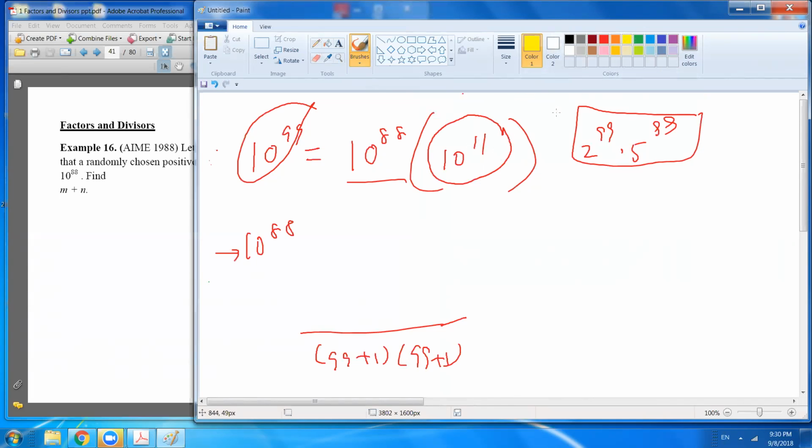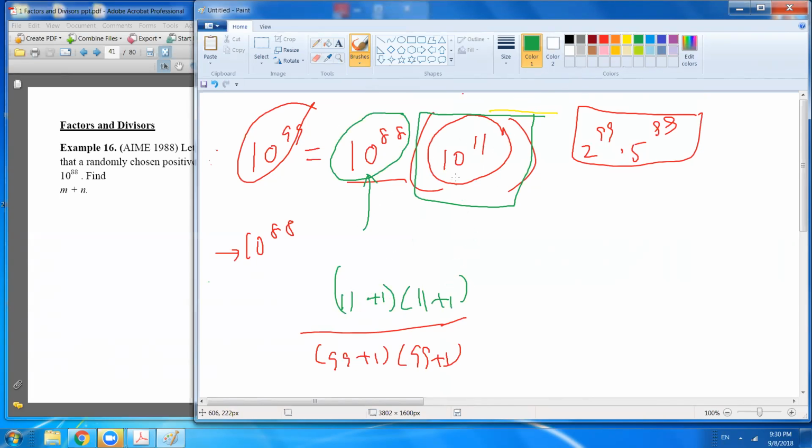Anything inside, anything in this, after you multiply by that one, will be a multiple of 10^88. Is that clear? Look at 11 plus 1, 11 plus 1.